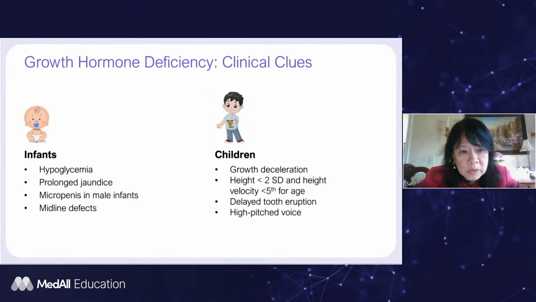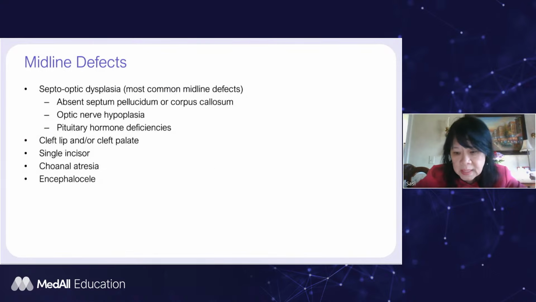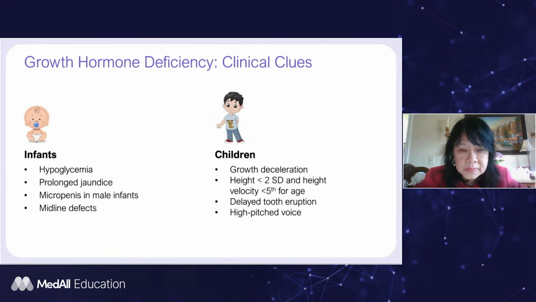And sometimes they may present with prolonged jaundice, and that could be because of the combination of growth hormone deficiency and hypothyroidism that can result in jaundice in infants. And just like the first case that I presented, micropenis in male infants could be a signal for growth hormone deficiency plus or minus gonadotropin hormone deficiency as well. And they may also have midline defects, which I will show in the next slide.